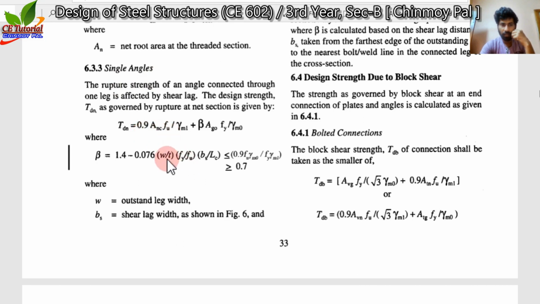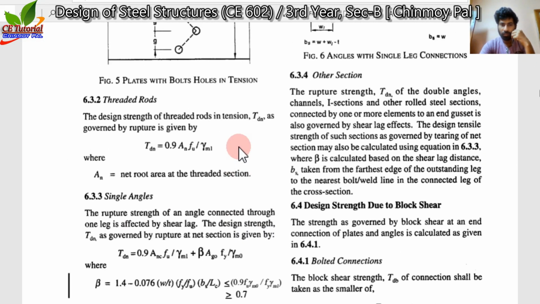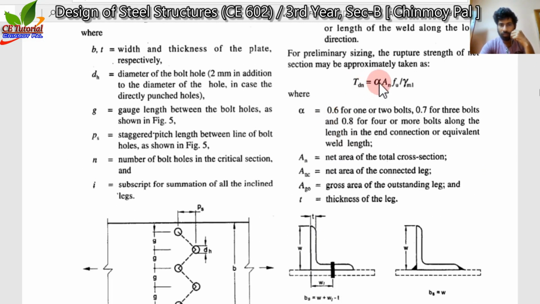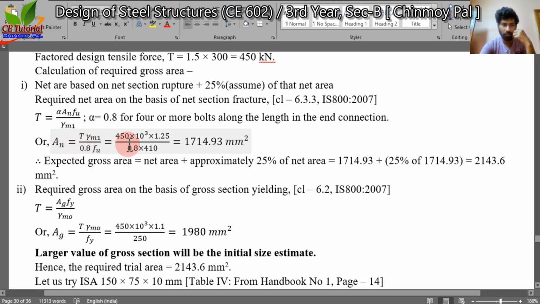But right now you don't have all those parameters. That's why we can go for an approximate equation. This is the equation Tdn is equal to alpha An Fu by gamma m1, and you need to calculate An.